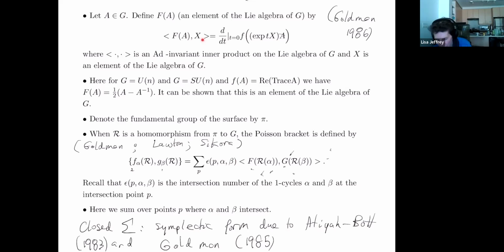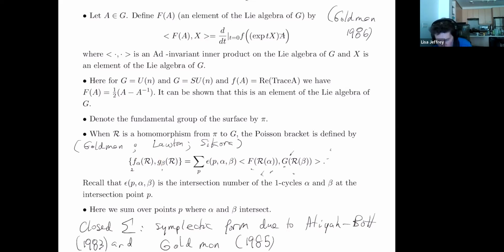And otherwise, the choices are as I described before. You're choosing the Killing form, and the input involves functions f and g.